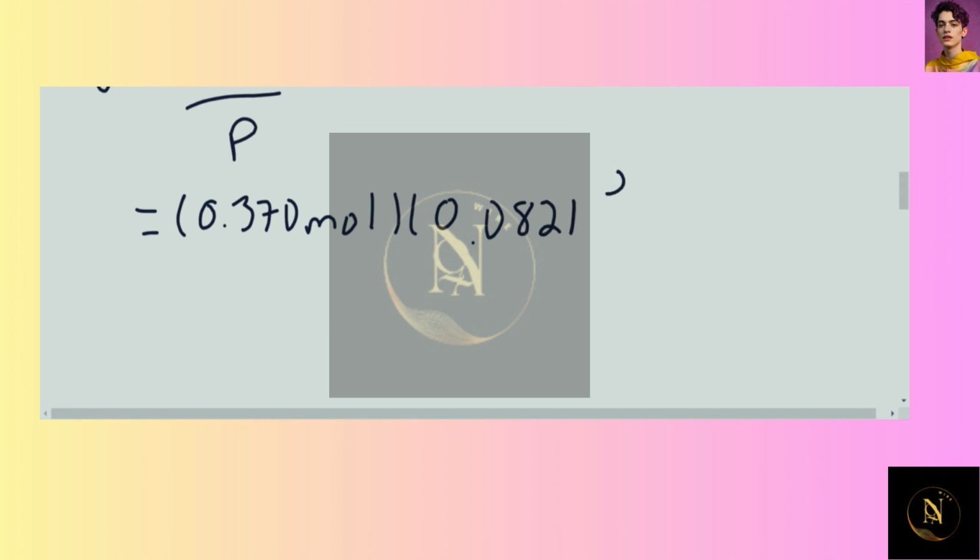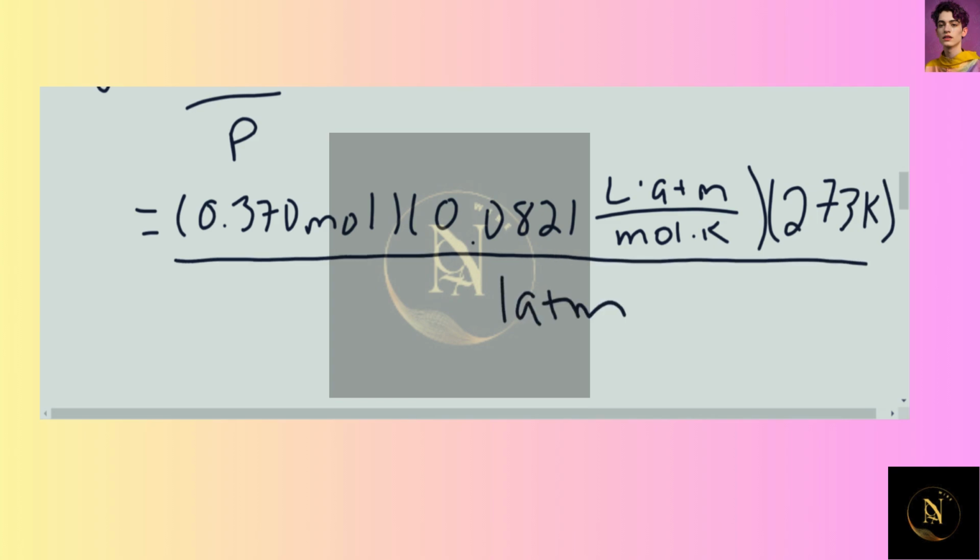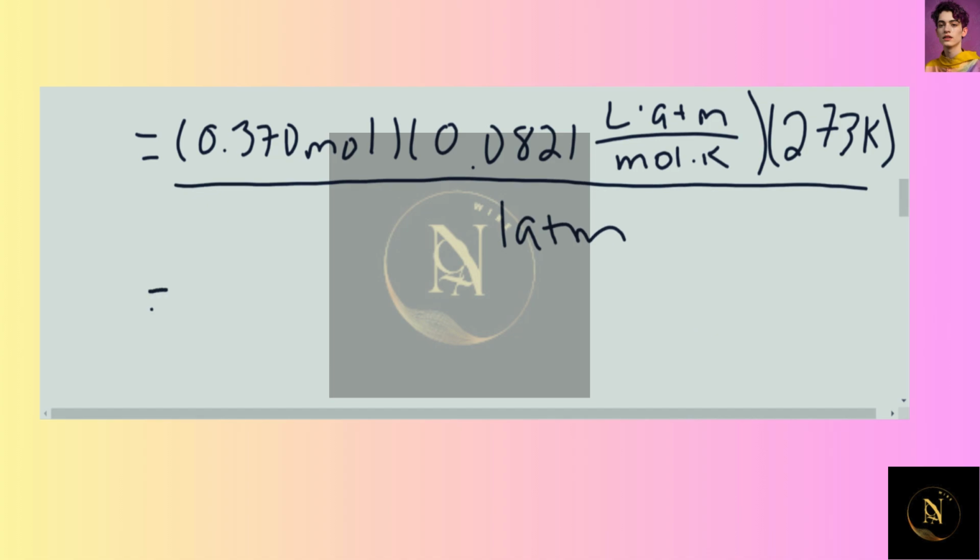That's 0.0821 liter atmosphere per mole Kelvin. And our temperature is 273 Kelvin, since this is at STP. And it is 1 atmosphere. This will give us a volume of 8.29 liters as our answer.